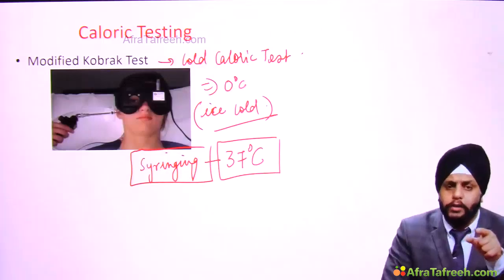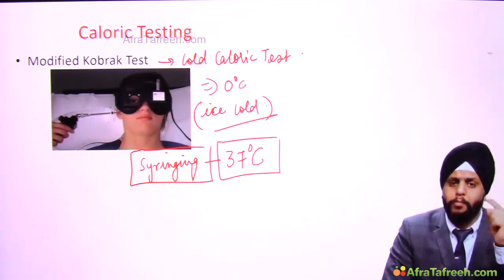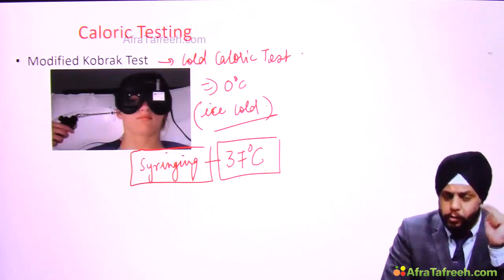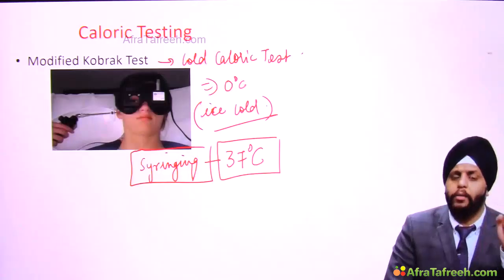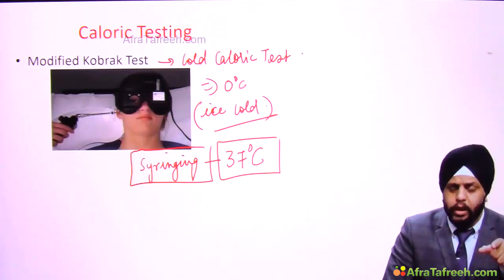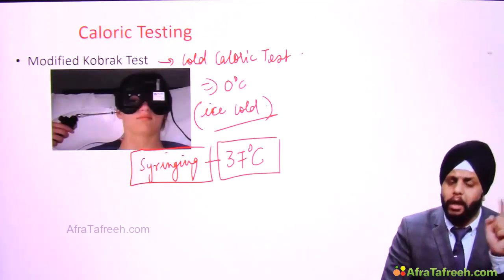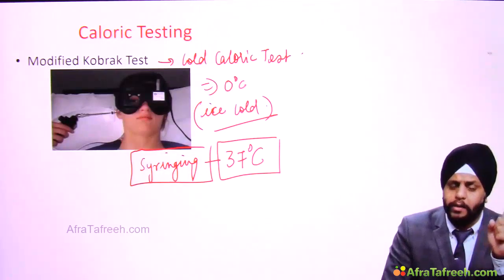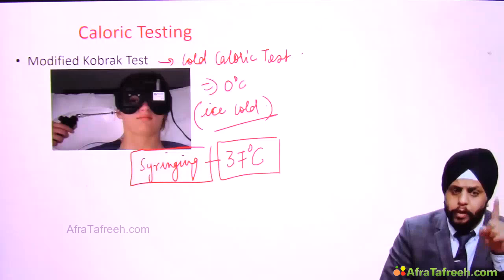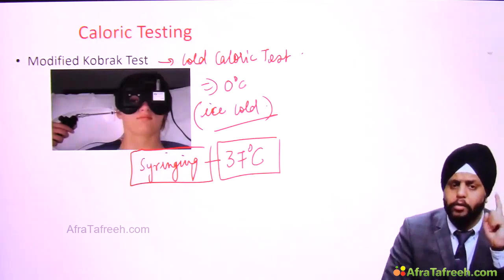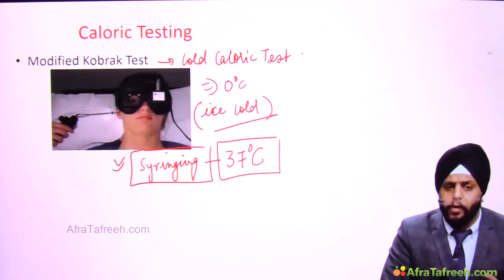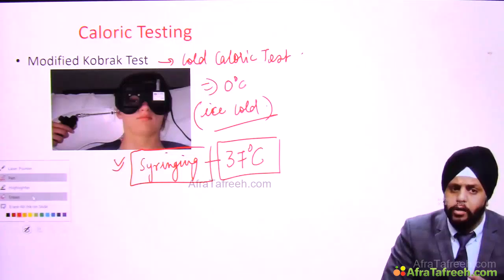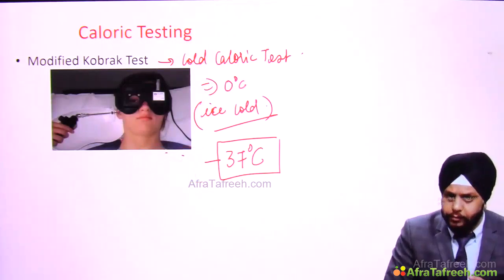If you do syringing above or below 37, you will be stimulating the inner ear, patient will have nystagmus and vertigo. So that will now become caloric testing. It will no longer remain just simple syringing. If you have to remove the foreign body, you have to give the water at 37 degrees Celsius to avoid caloric stimulation to the inner ear.